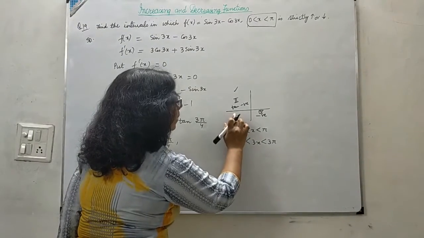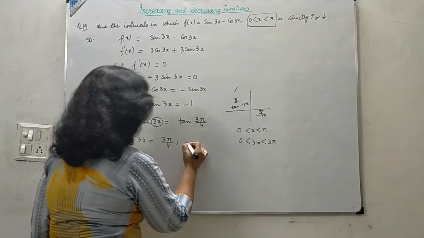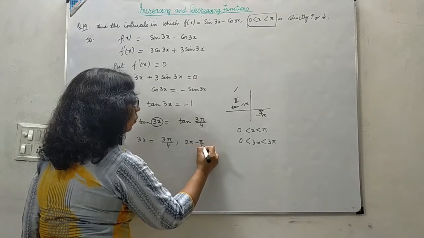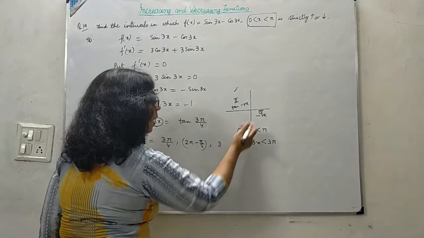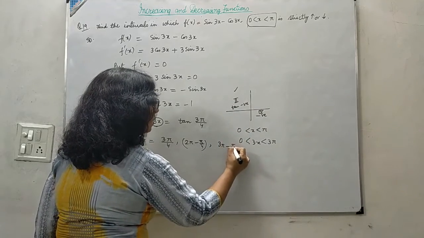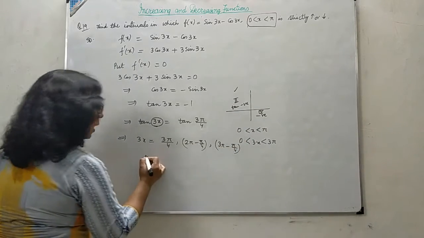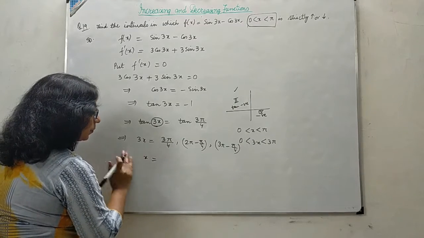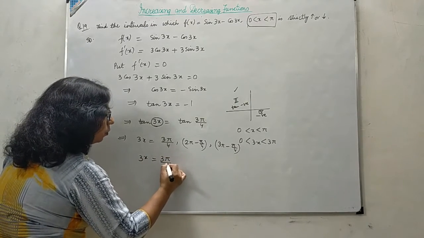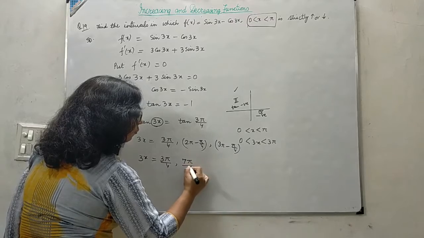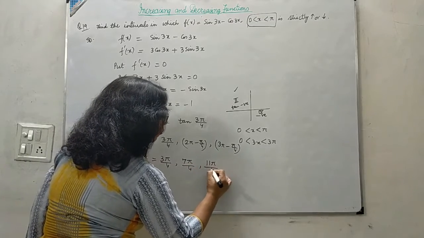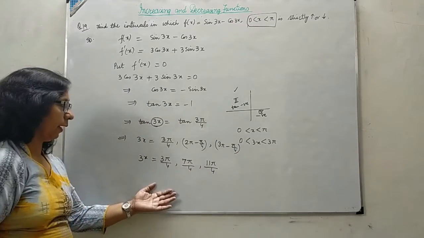Then this is pi plus pi by 4, 2 pi minus pi by 4, and then coming back, 3 pi minus pi by 4. Have you got it? 3x as 3 pi by 4, then 7 pi by 4 and 11 pi by 4. We have simplified.